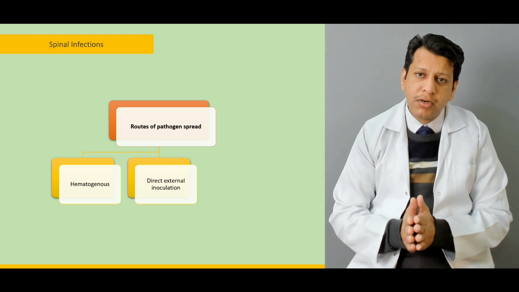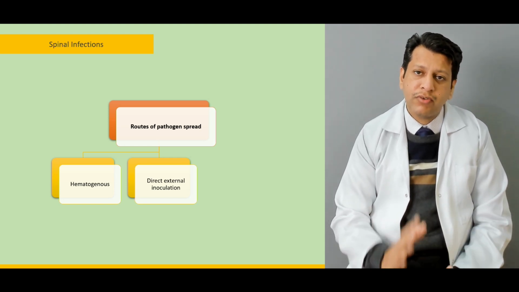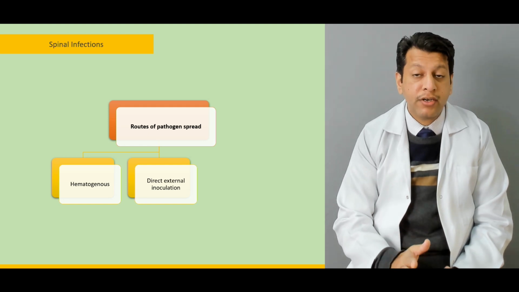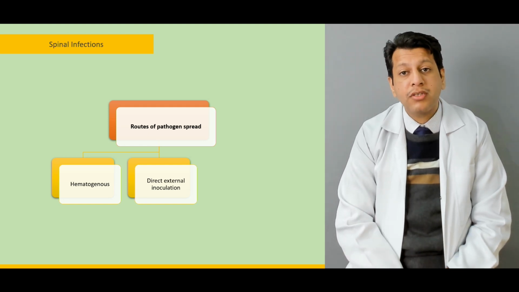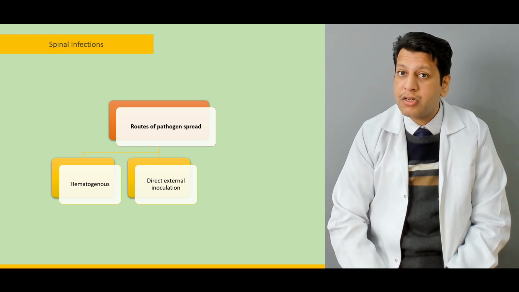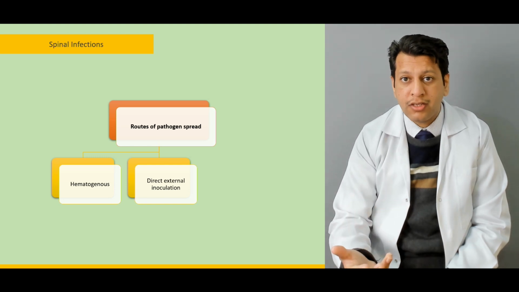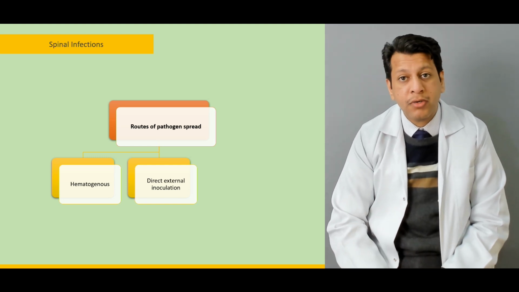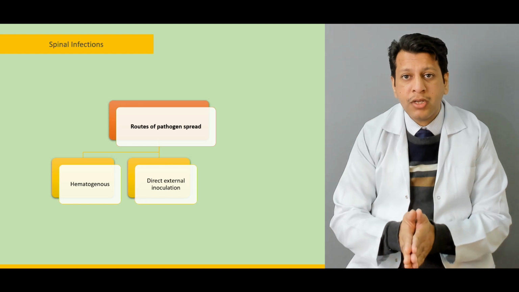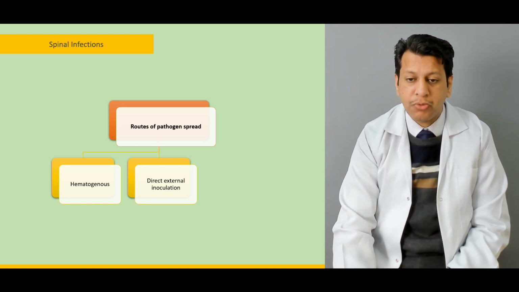Although this is usually rare with trauma, because there is very little chance of direct inoculation during penetrating trauma, in surgical cases, where the patient has already undergone some form of spinal surgery, this route has an increased incidence compared to hematogenous spread, because the skin breach has already been done iatrogenically by surgical exposure.